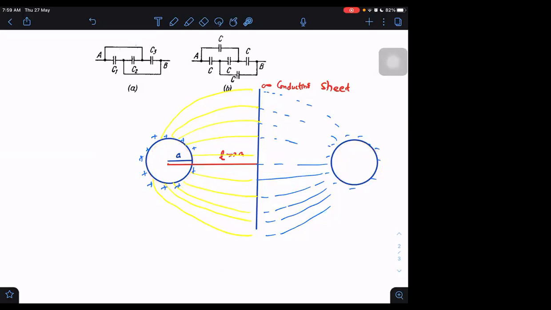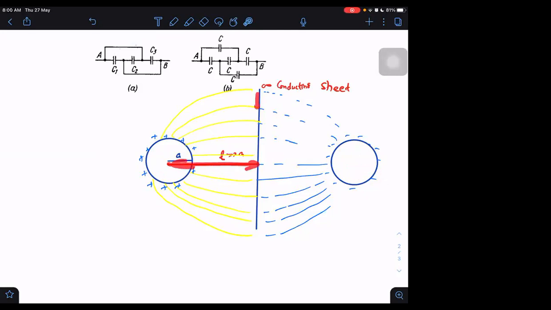Yes, sir. So if we know this, then I can tell that up to the midpoint, the potential difference will be half of that. Whatever potential difference was from here to this place due to the single sphere, that will now be the potential difference due to this and the image.